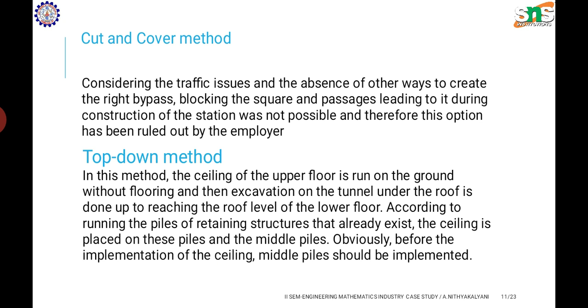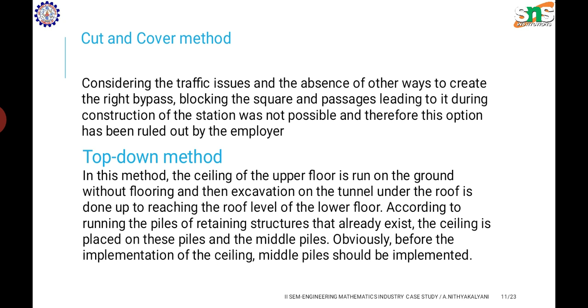Top down method. In this method, the ceiling of the upper floor is run on the ground without flooring, and then excavation of the tunnel under the roof is done until reaching the roof level of the lower floor. The ceiling is placed on the existing piles of the retaining structures and the middle piles.